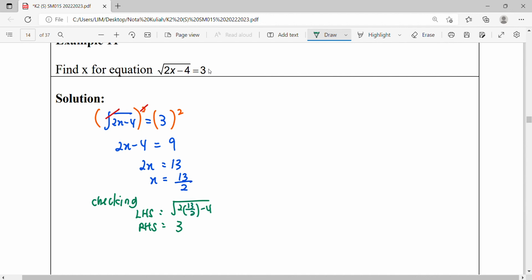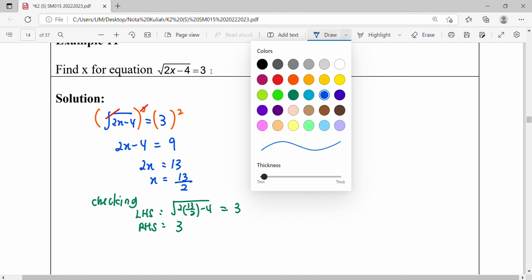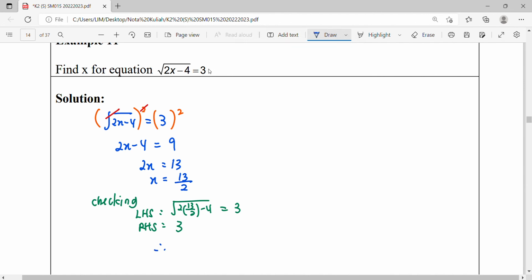I just write it out, but in future, you can just press your calculator and work out the answer. So 3 also, right? That means your equation's left hand side is equal to the right hand side for this value of x. Therefore, x equals 13/2 is our solution for this surd equation.